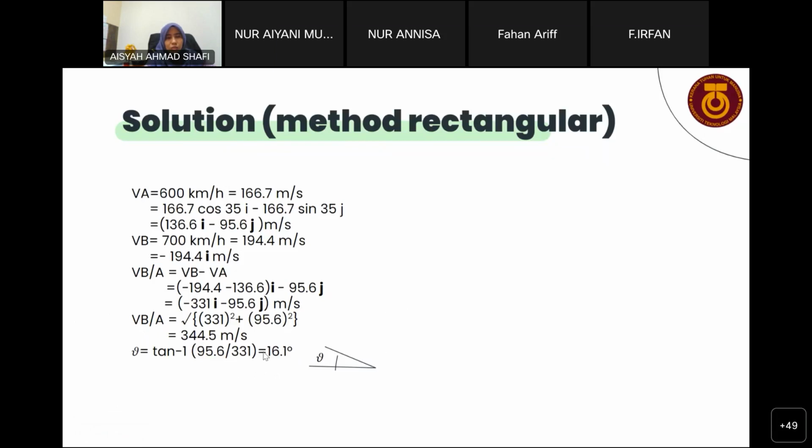So you need to check the direction carefully, because for this one, in inverse tan, I use the positive one. If I use the negative one, I should get shift tan negative 61.6 over 331.